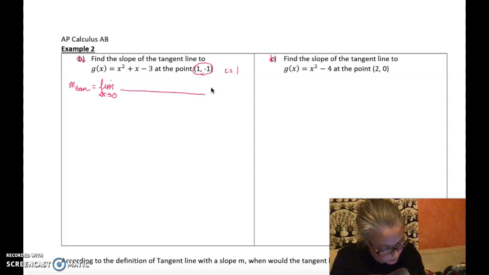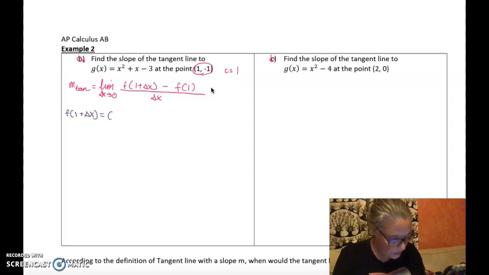In this particular case, I'm doing f of 1 plus delta x minus f of 1 over delta x. So again, if you need to write out f, this one you have to expand, so this may take a little more. We have 1 plus delta x, so that means we have to do 1 plus delta x squared plus 1 plus delta x minus 3. When I expand that out, I get 1 plus 2 delta x plus delta x squared plus 1 plus delta x minus 3.